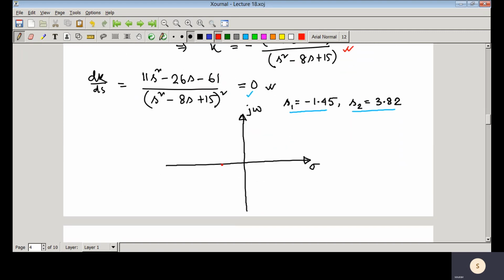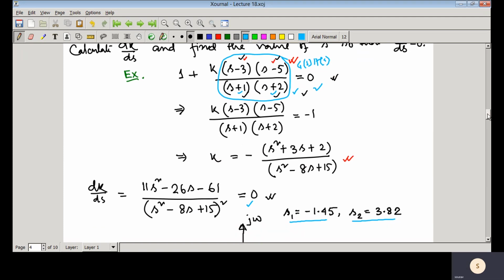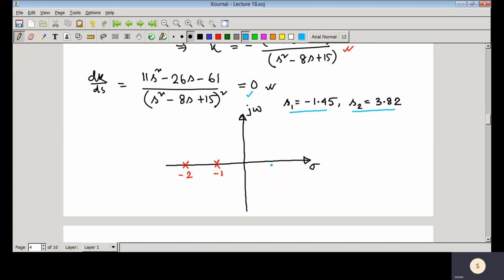So we have two poles at -1 and -2, and the open loop zeros are at +3 and +5.